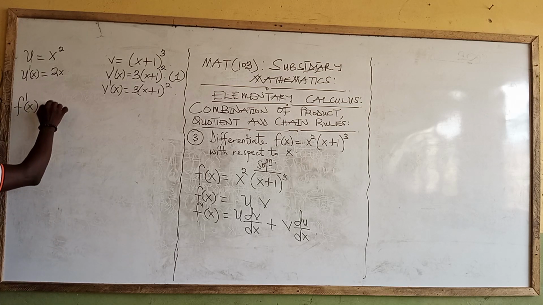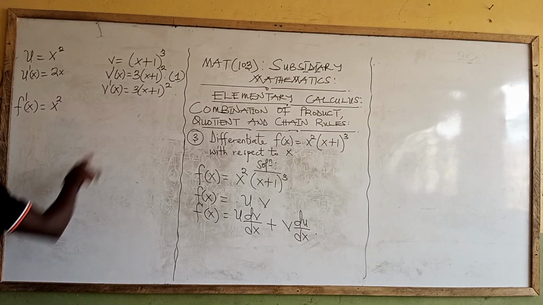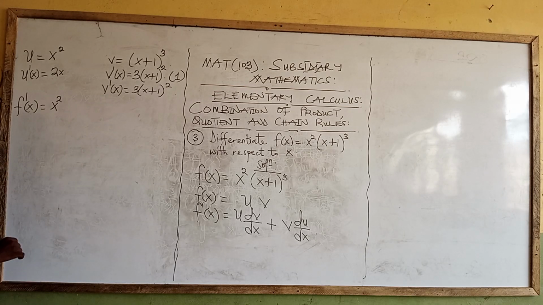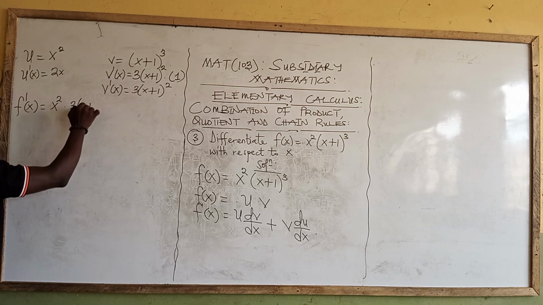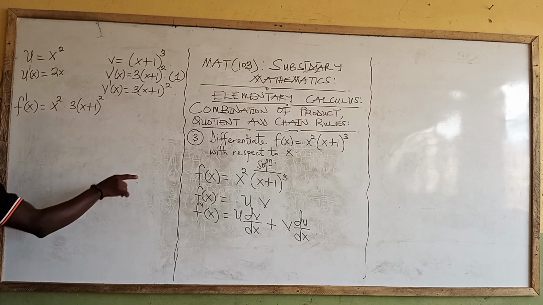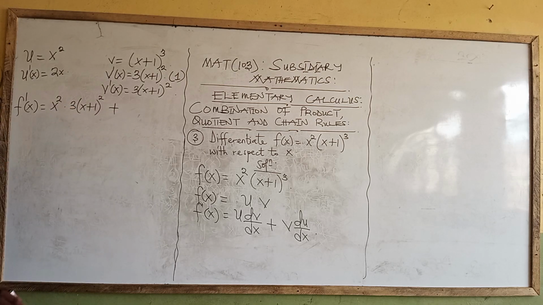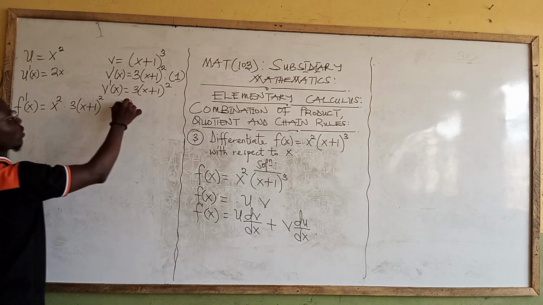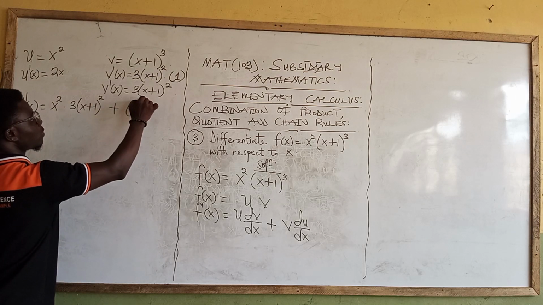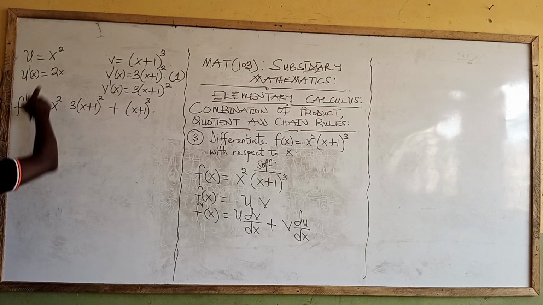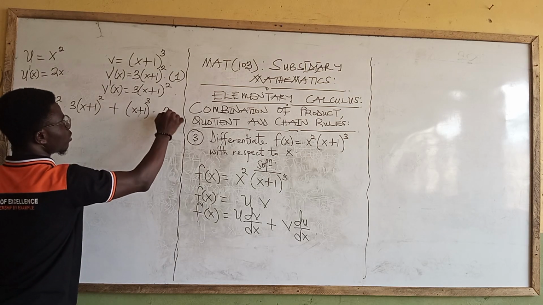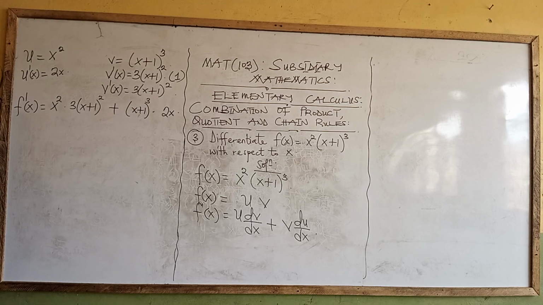We have x squared times the derivative of v with respect to x, which is 3 times (x plus 1) squared, plus what is v? Our v is (x plus 1) to the power 3 times the derivative of u with respect to x, which is 2x. Right. It's very simple.